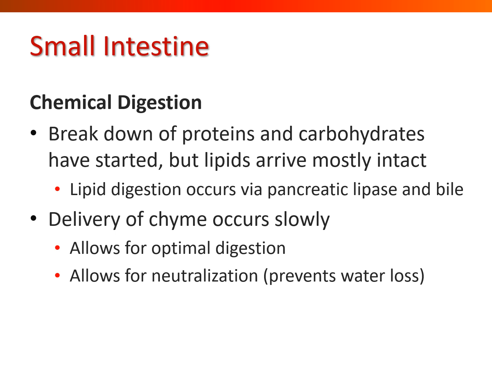So the small intestines are about the mechanical and chemical breakdown as well as absorption. So this is really where the rubber meets the road with the thing that we think about when we think about the digestive tract. So the chemical digestion that we see occurring in the small intestine is going to be the breakdown of proteins and carbohydrates, where they've already been started elsewhere.